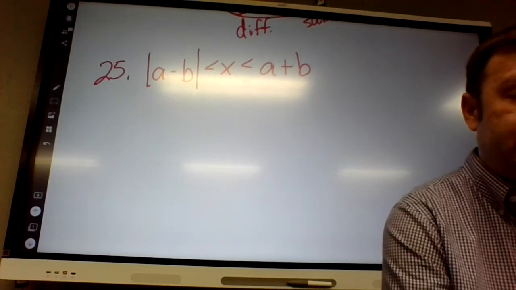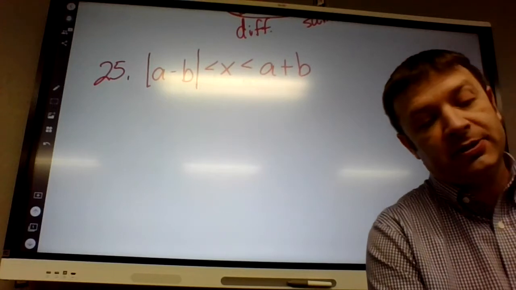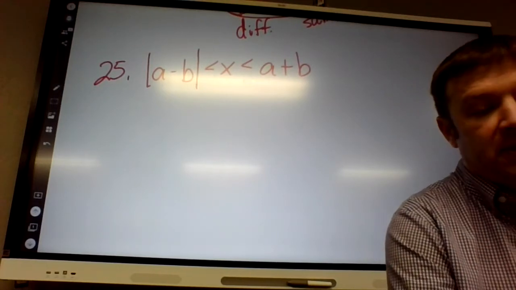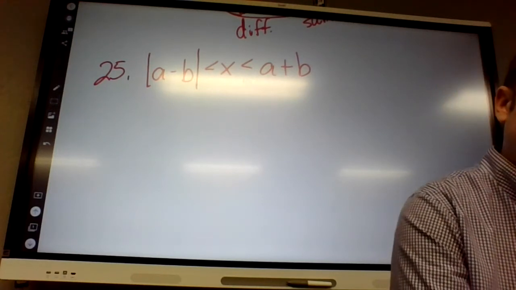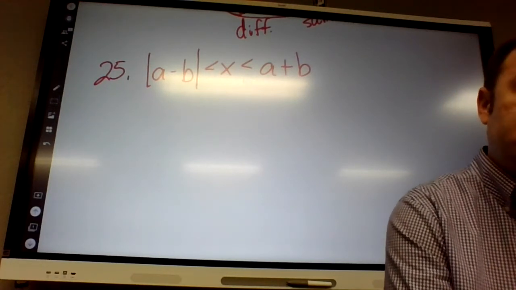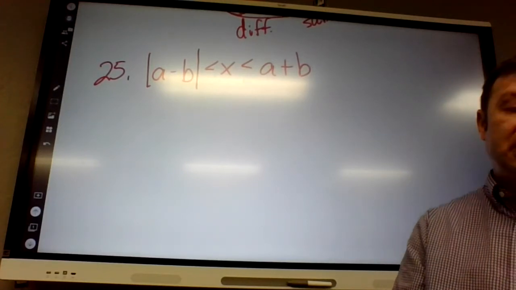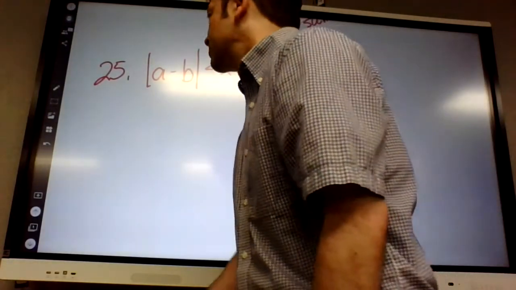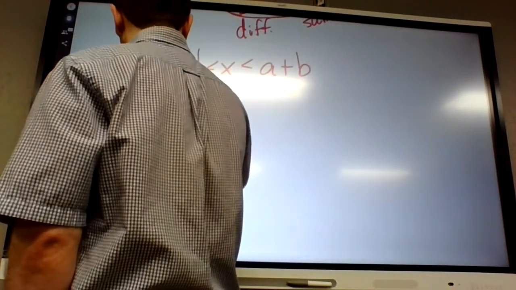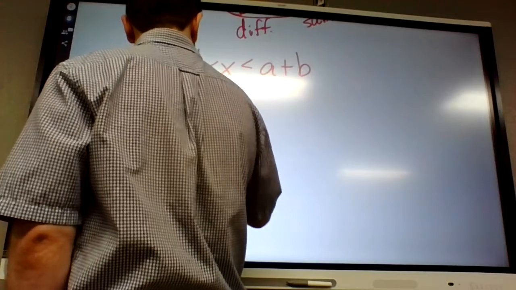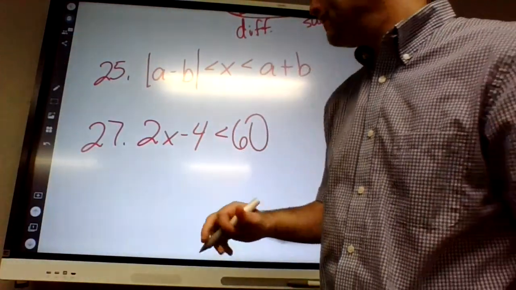The alligator on the left, jaws only open up A. The alligator on the right, jaws open up to A plus 2. So that means the angle on the right should be bigger than the angle on the left, or the angle on the left is smaller than the angle on the right. So 2x minus 4 is less than 60. I think they just want you to solve for x, probably, yeah.